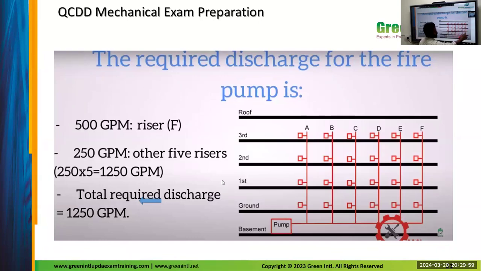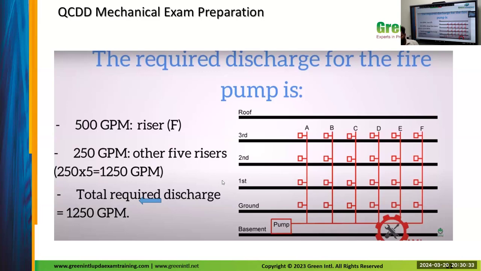If this is the 500 GPM, and each riser is 250, 250, 250, 250, 250, that means 500, 750, 1000, 1250. So if you are adding these two risers to this system, it is not accepted. We will have to have one additional riser, one additional system.